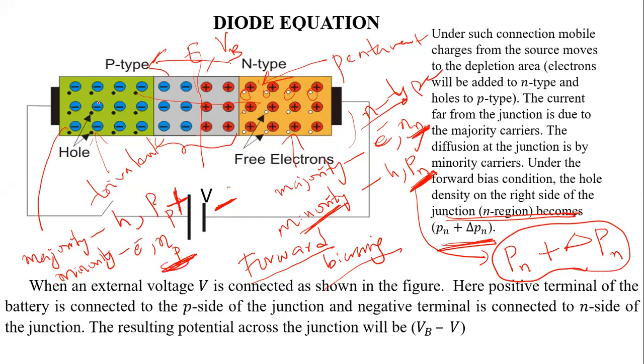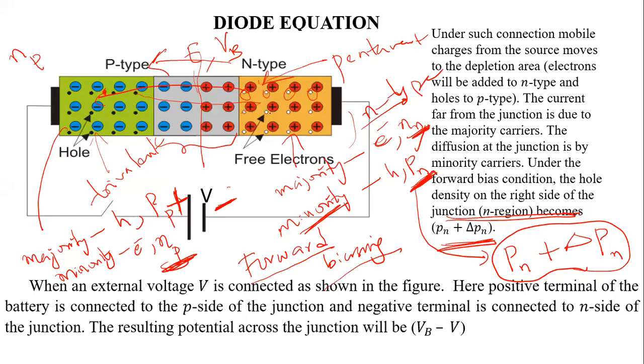Np is the concentration of minority electrons in the p type, on the p side of the junction. But when you do external biasing like this, you are giving energy to these free electrons, and by gaining energy from this external potential source, they will overcome the potential barrier and move to the p side.